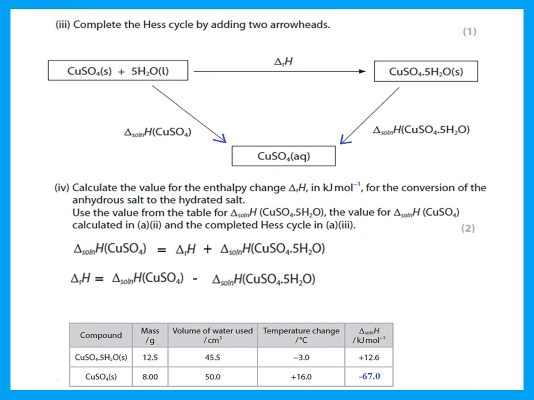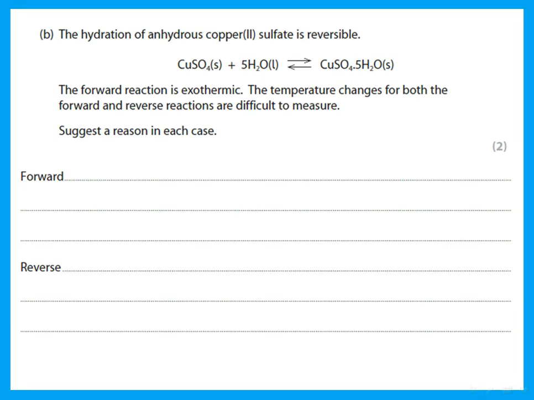Now, the first one, delta H of solution of copper sulfate, that's the one we calculated, that is the minus 67. And he gives me the other one as plus 12.6, but then I put it on the other side, so now it is minus 12. So the total delta H for that reaction is that number.